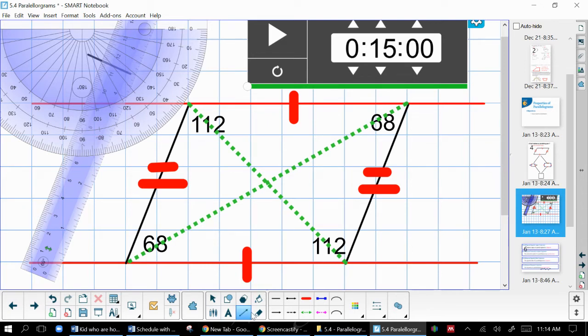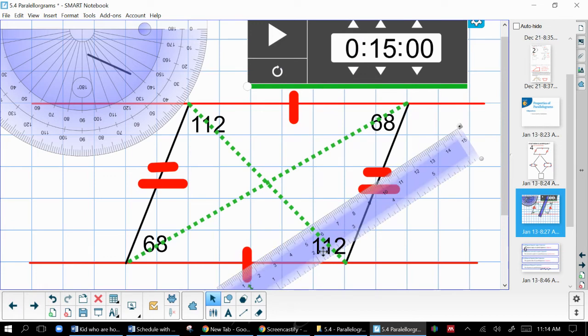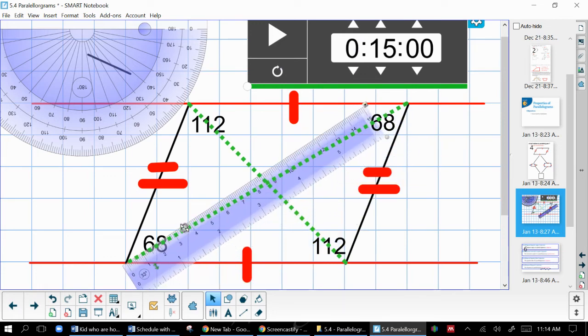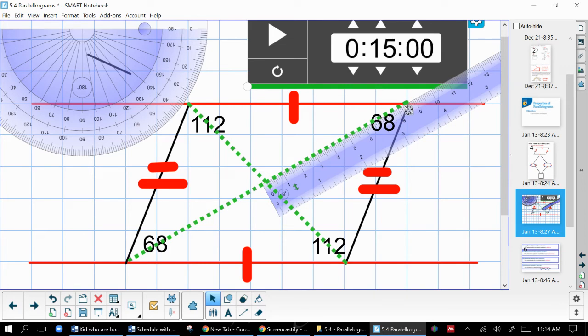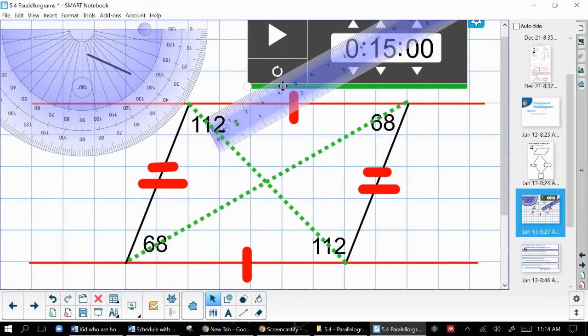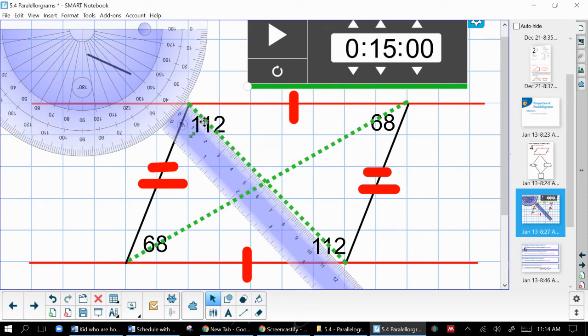But if you were to measure the different pieces that they make here, so if I were to measure that one, that one looks like it's about 8.5. If I slide it up to here and measure the rest of the way, also 8.5. If I measure this one, from here to the middle is about 5.5.